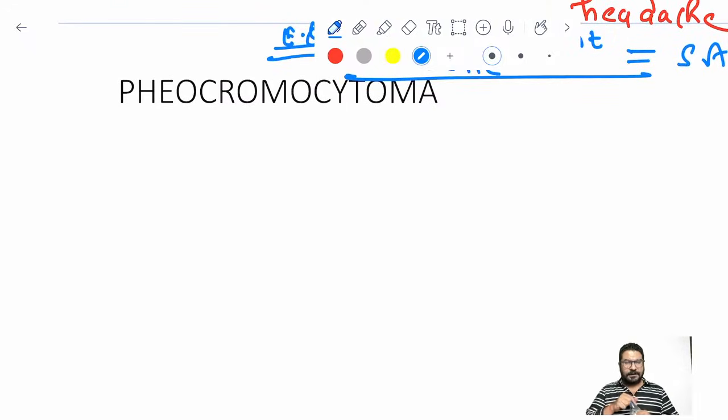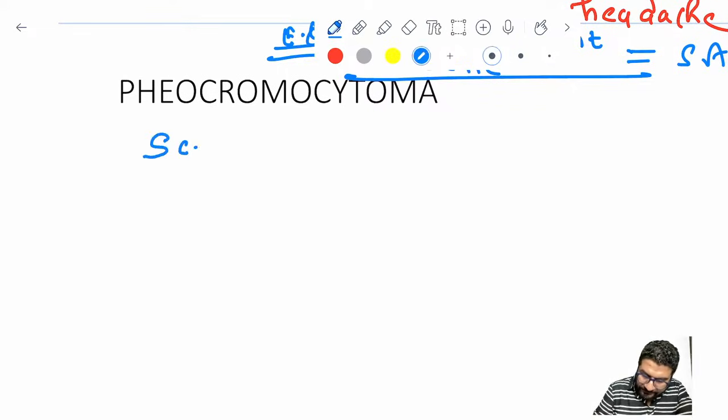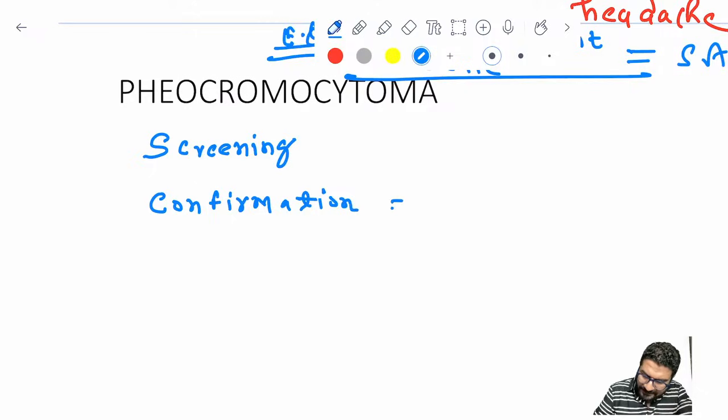They ask you a total of 5 to 6 investigations. What do we do for screening, that is an MCQ. Then what do we do for confirmation. 10% bilateral, 10% familial, 10% pre-malignant. Shubham, don't get confused: it was MMA in B12, here it is VMA.